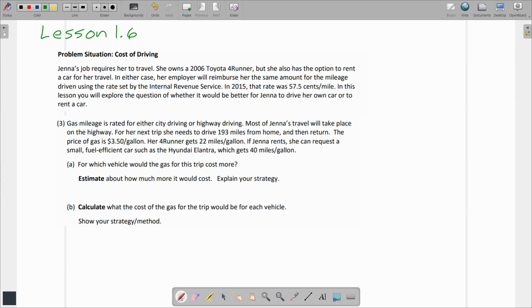Now, just writing your estimate down, you have enough room here, but explaining your strategy, there's not really enough room there. So you might need another piece of paper to write that on. And again, for the estimation, there is no right or wrong answer. It's an estimate. Whatever you come up with is fine. We're going to do the real calculation next, but I want you to just guess. And then if you can, tell me something about how you made that guess.